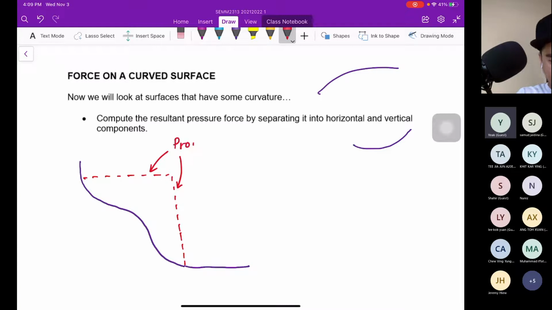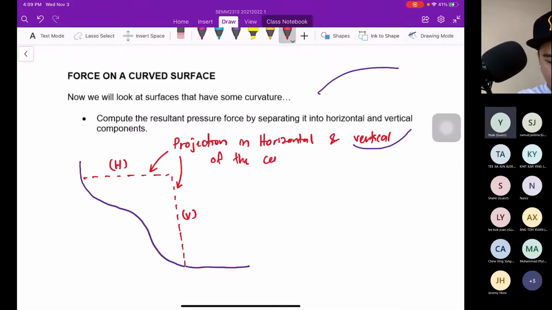This is the projection in horizontal, this is H here, and this is the vertical projection of the curved surface.